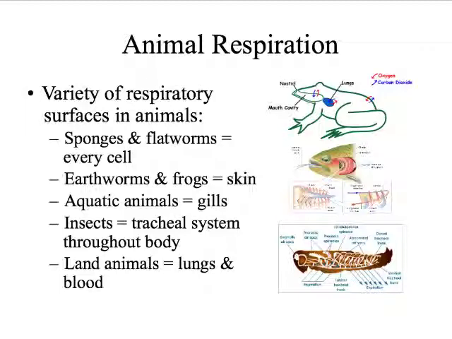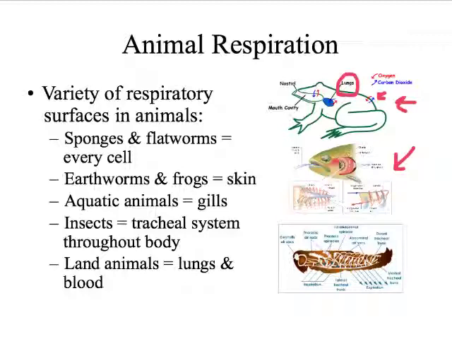So if you take a look here at the frog picture, okay, frogs do have lungs, but their skin also aids in respiration as well. Aquatic animals like fish and sharks are going to have gills that have been specially made to draw the oxygen out of the water that they swim in.